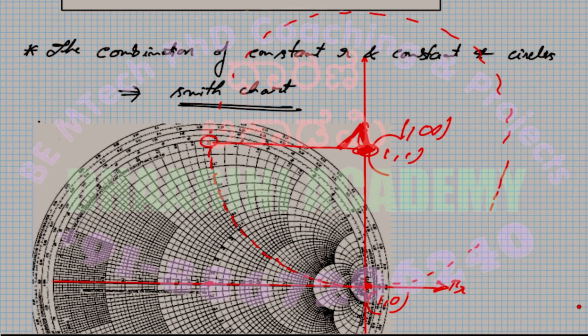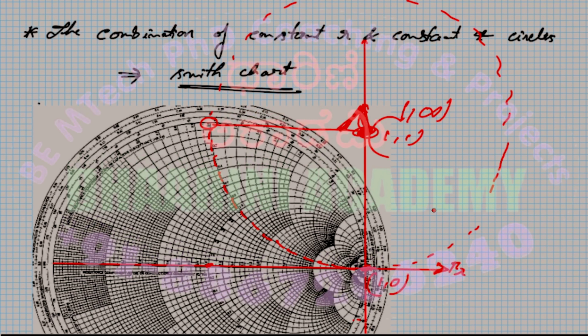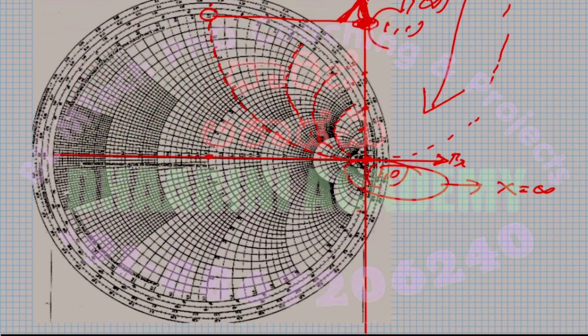This is x equal to 1, which means I have to come down if x increases. Now you see x equal to 2 here, x equal to 5 here, x equal to maybe 10 here, and so on. As you can see, the center of the circle keeps on closing to this point, and at infinity this point reaches 1 comma 0. So these lines what you see are the constant x lines.